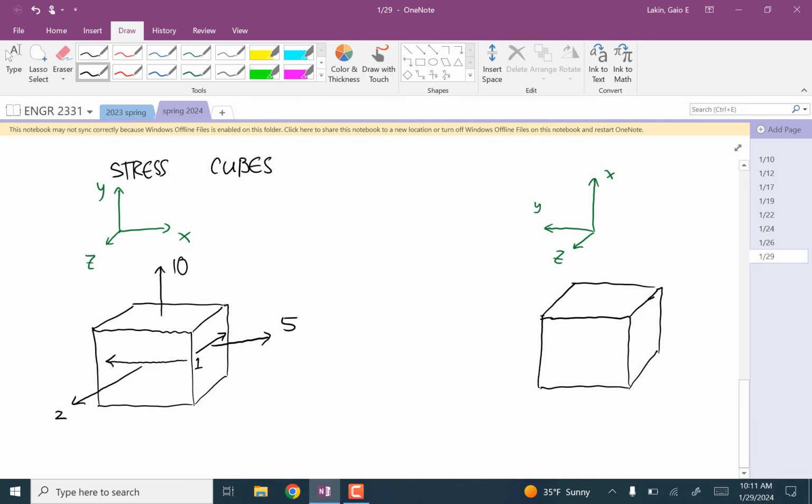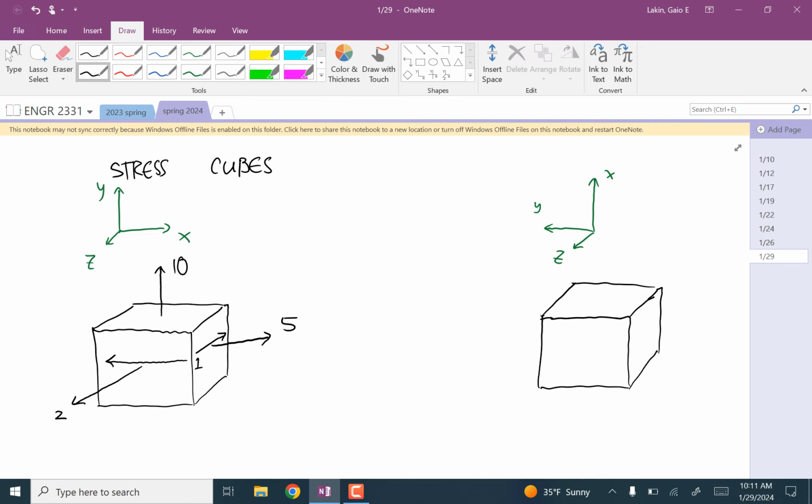Okay. Well, since these faces, you can think of this as a physical element with these loads on it. And so no matter what we call the different faces, when we go to this other coordinate system, since all of these faces line up with these, we should get something that looks exactly like this.